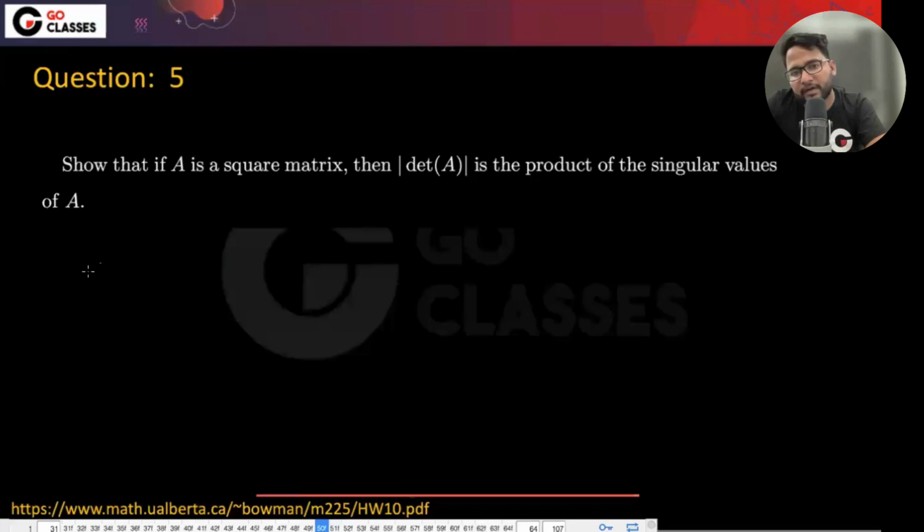If it is a square matrix, okay. By the way, what is the SVD of this? Now, if you find out determinant of this, then it is a product of singular values of A.